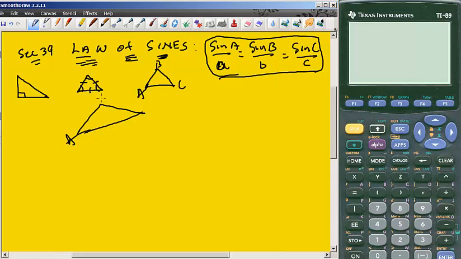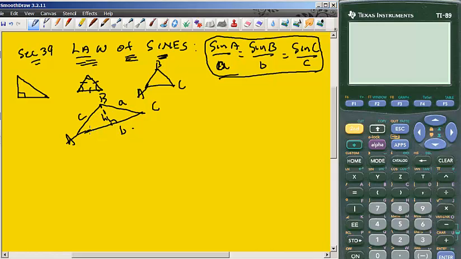We'll call that A, B, and C. Let's drop a perpendicular, and we know this is side H, the height of this triangle. The altitude is always perpendicular to the base. And of course, let's put the sides in. That's side A, that's side C, and that's side B.